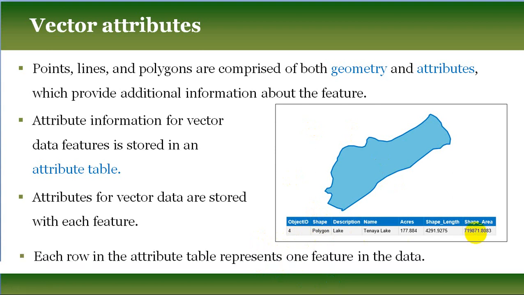Each row or each record in the attribute table represents one feature in the data. So that's the point I told you just a few minutes earlier, as in my previous slide. Every geometry consists of some sort of records, and those records represent some sort of attribute information.